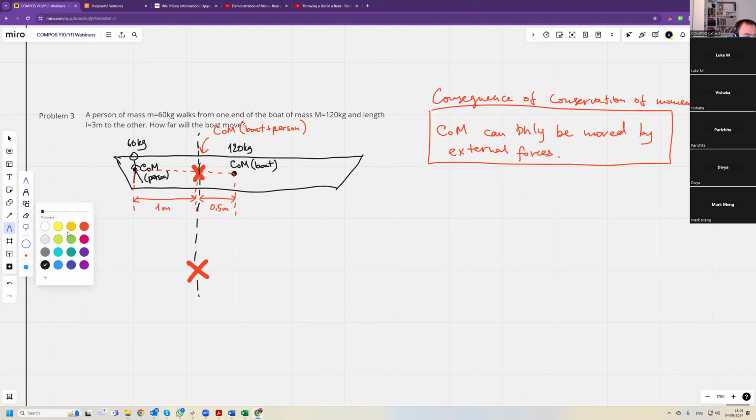And that means the boat will be 0.5 meters this way, and the person would end up 1 meter the opposite direction. So this would be 0.5 meters, and this is 1 meter, and the boat would be here.